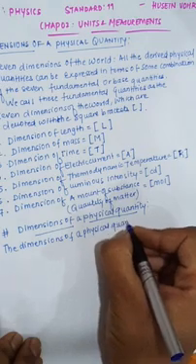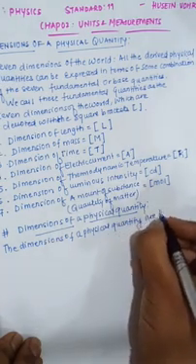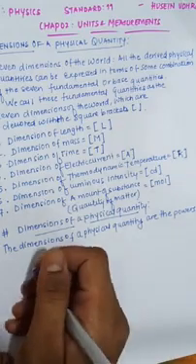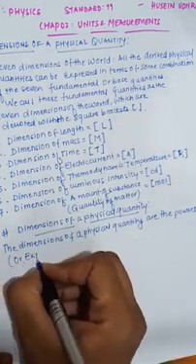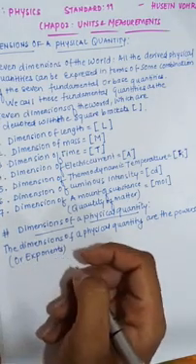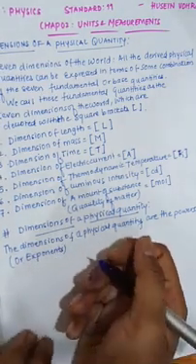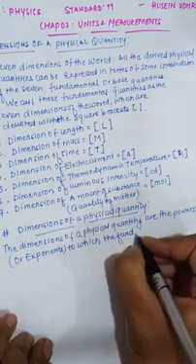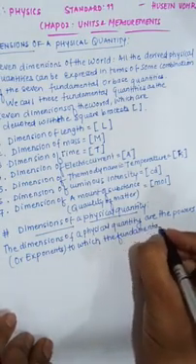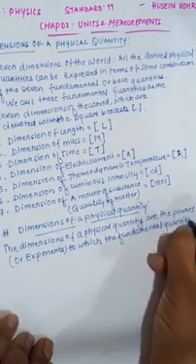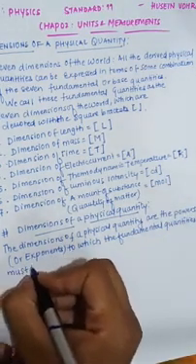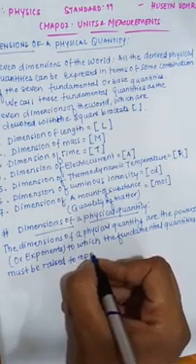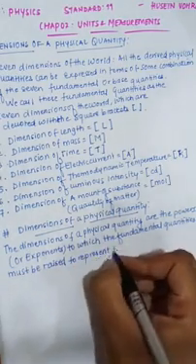The dimensions of a physical quantity are the powers, or you can say exponents, to which the fundamental quantities must be raised to represent that quantity.